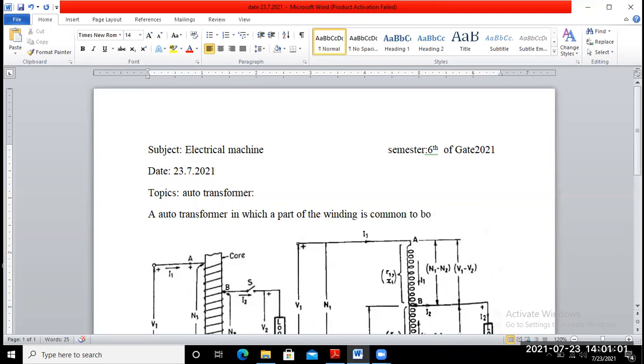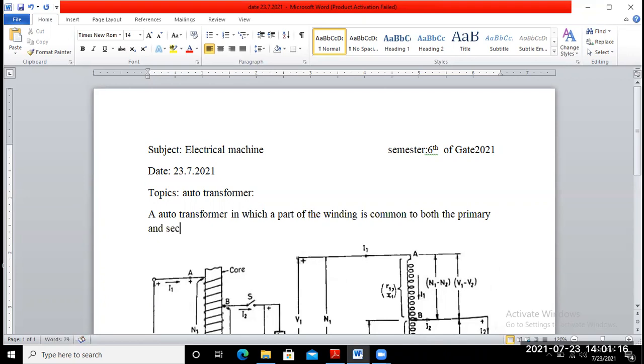A winding common to both the primary and secondary winding is called an auto transformer.